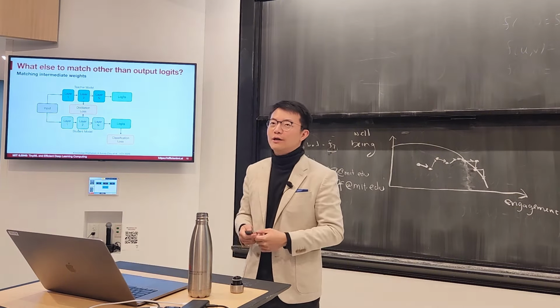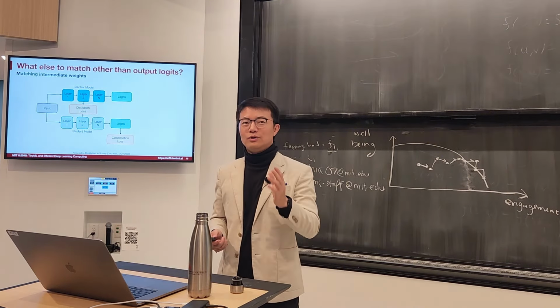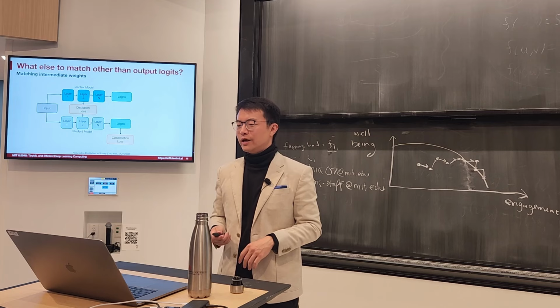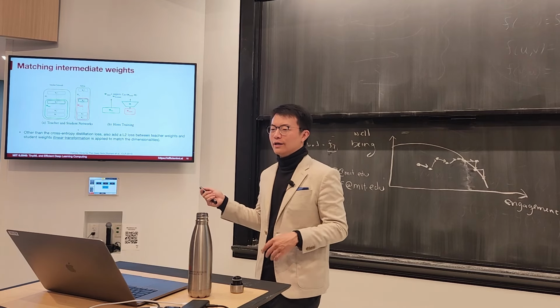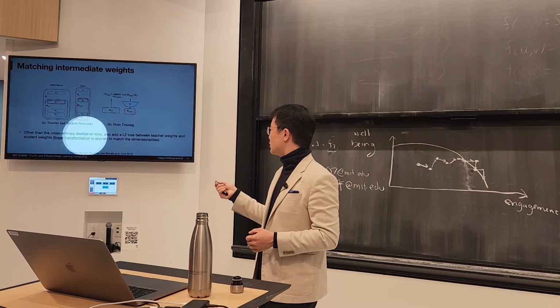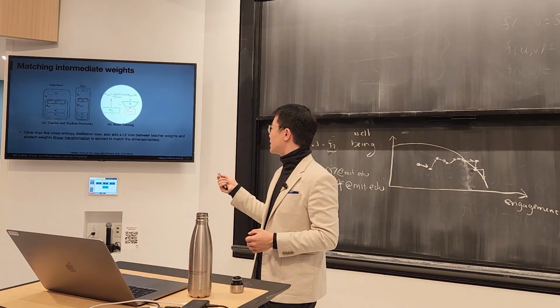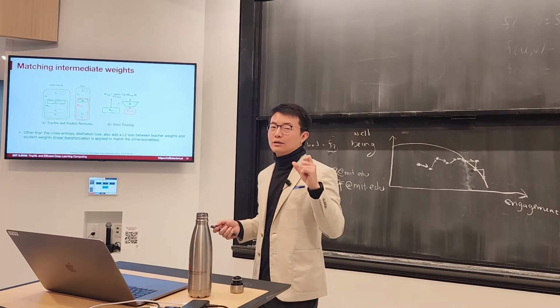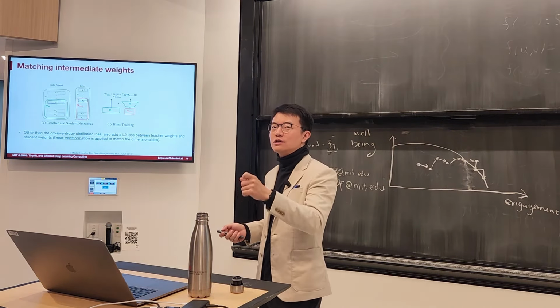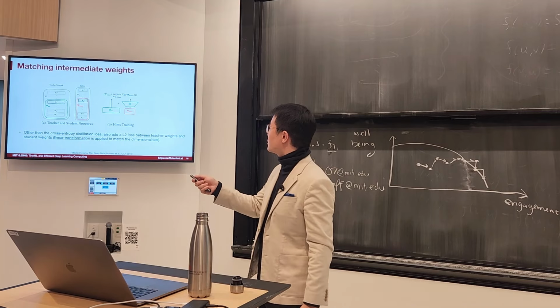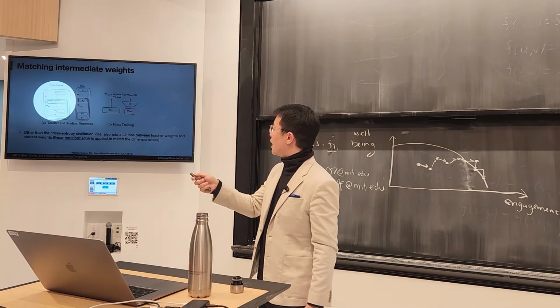So what we can do here, just like you proposed, is a low rank approximation. And here we can also do a learned projection. Learn a one-by-one convolution that can map the student's smaller tensor to the teacher's larger tensor. So this is the teacher network, which is larger, wider.